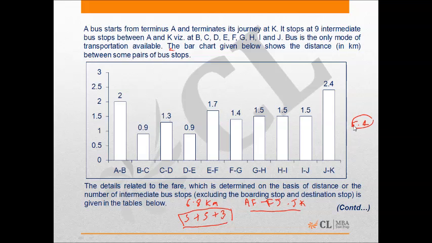To travel this much distance we have to buy a ticket of rupees 5, and the intermediate stations between these two stations are 2. So 2 is the minimum number of bus stops that one would pass through in case he buys a ticket of rupees 5.